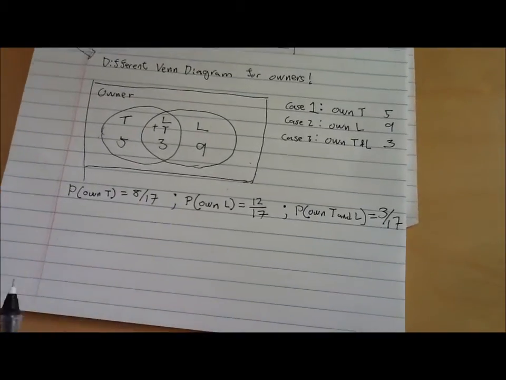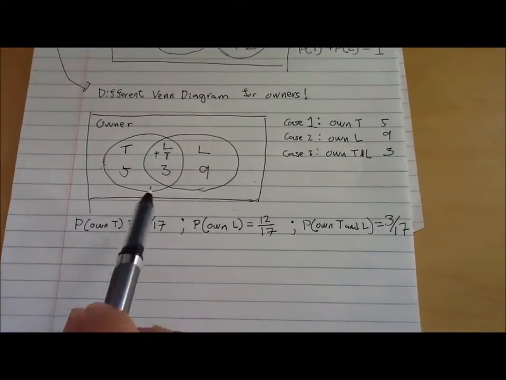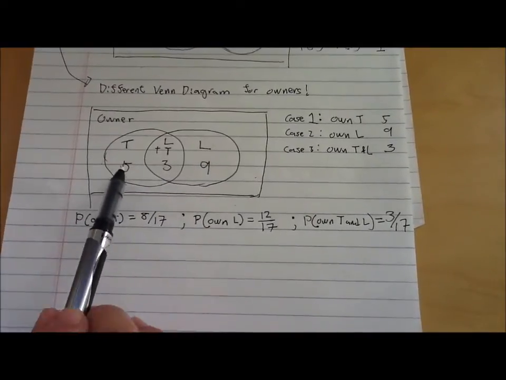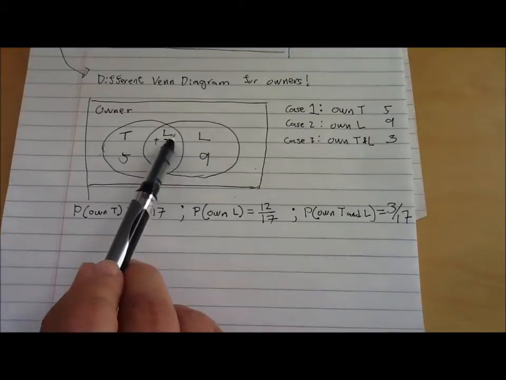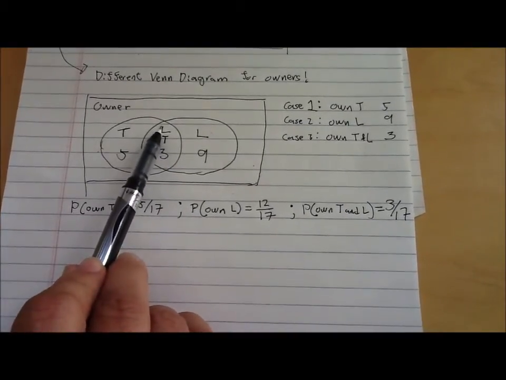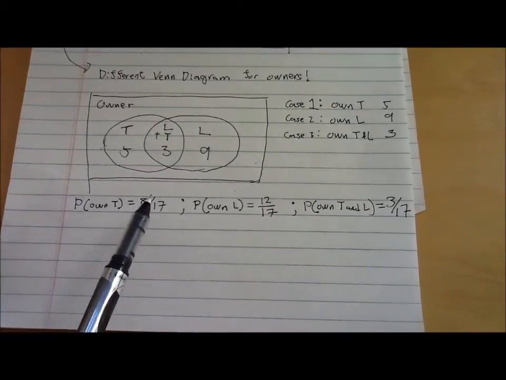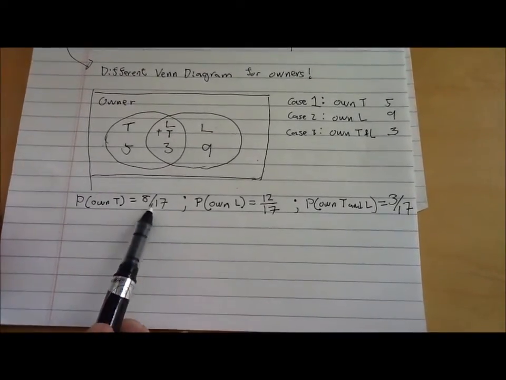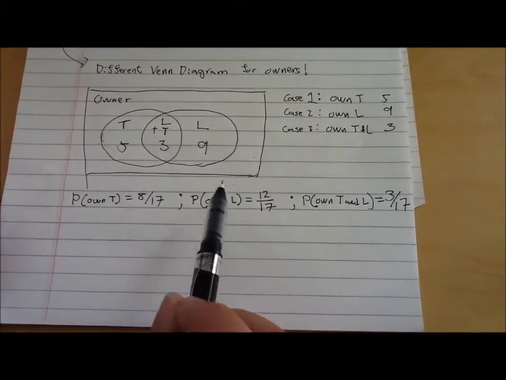So the probability of owning a terrier is 8 out of 17, because you're looking at this part right here. Even though you could be owning both, the question is simply owning the terrier. So it's really 8 out of 17. What about the probability of owning a Labrador?